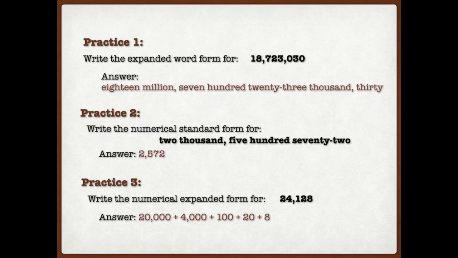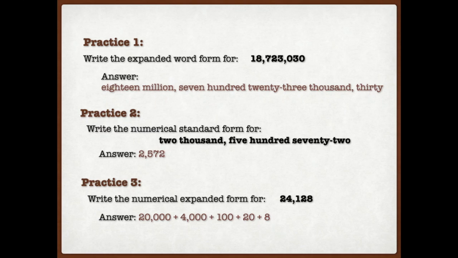Now practice 2. Let's write the numerical from the word form. So the word form is 2,572. Let's write the numerical. I'll write the digit 2, 572. Then practice 3, write the expanded form of 24,128.